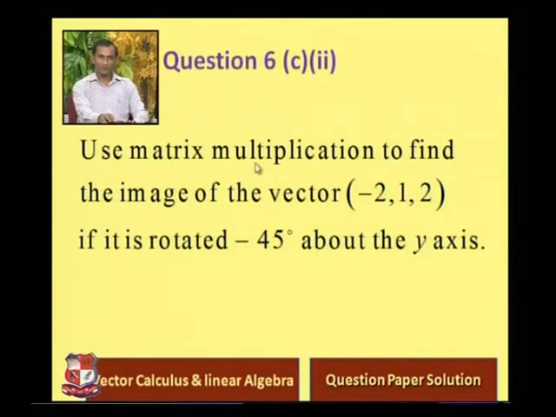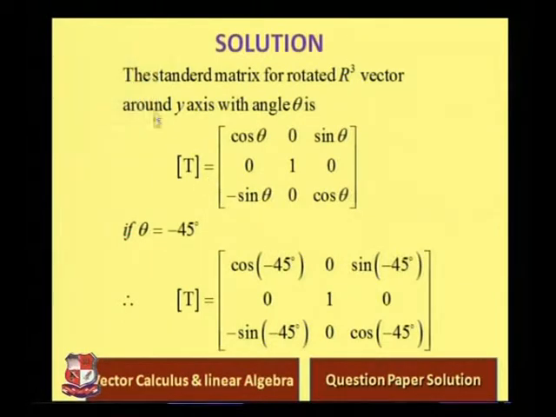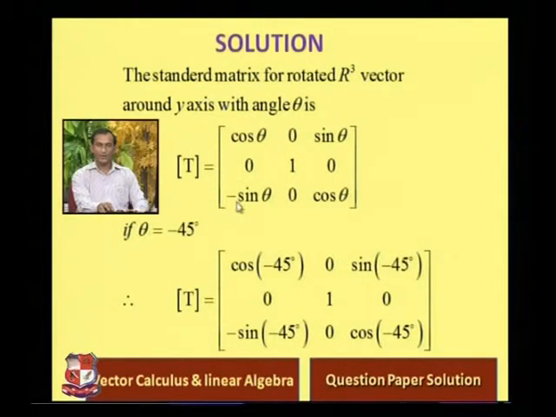So the standard matrix of rotating an R3 vector around the y-axis with angle theta is: cos theta 0, sin theta; 0, 1, 0; minus sin theta, 0, cos theta, and our theta is minus 45.